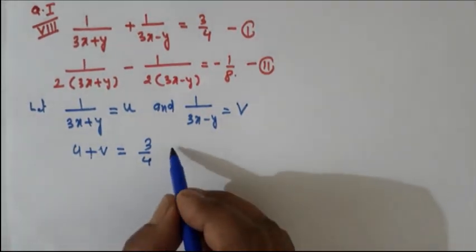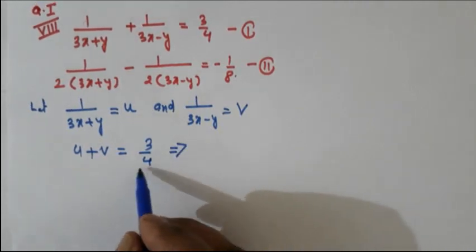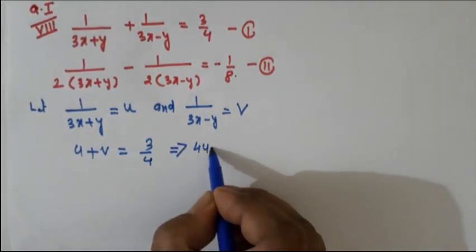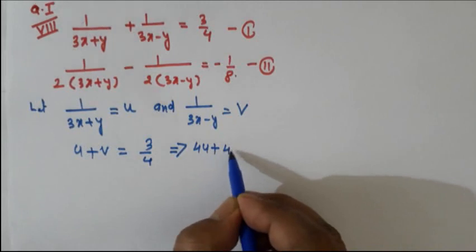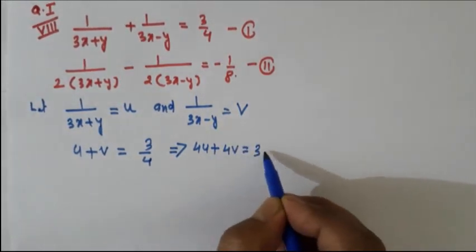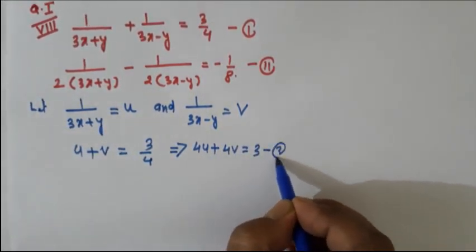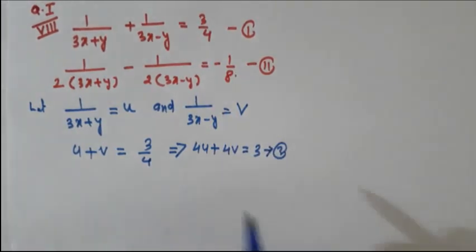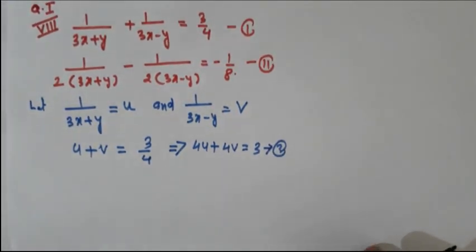Then multiply the whole equation by 4, then 4u plus 4v is equal to 3. Let this is third equation, 4u plus 4v is equal to 3.